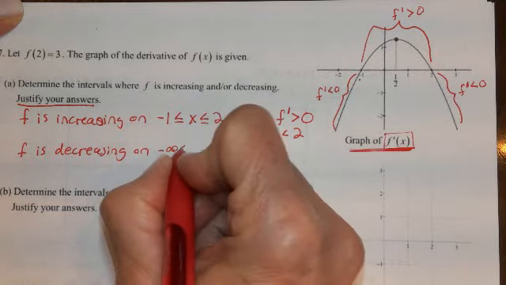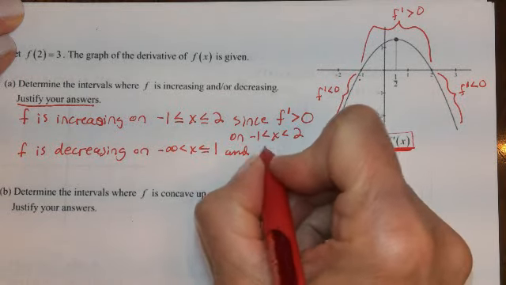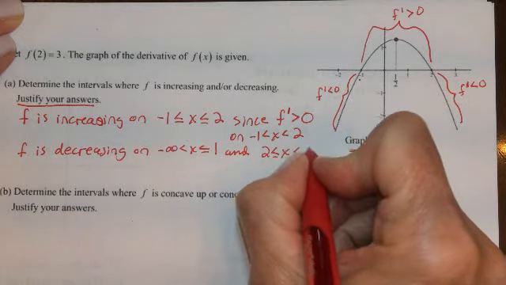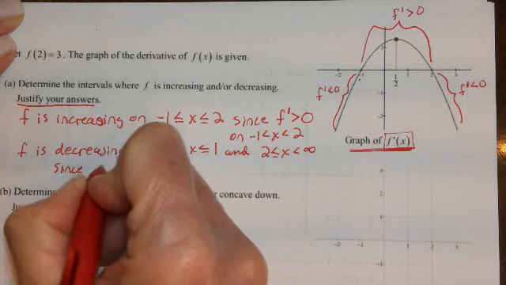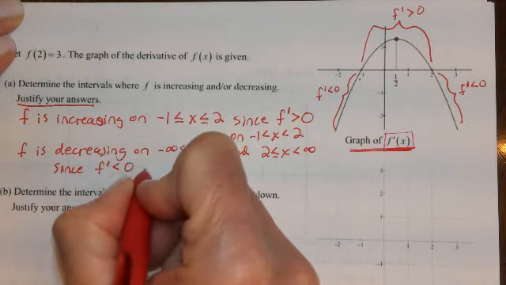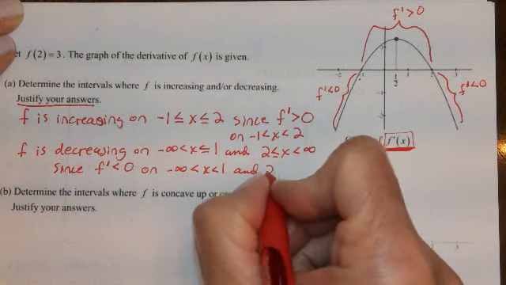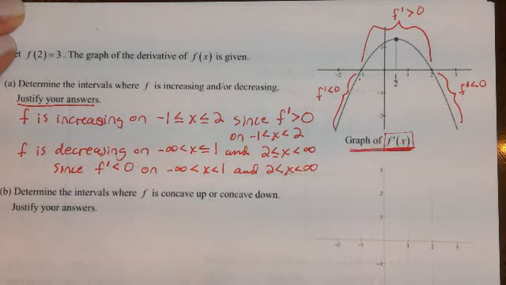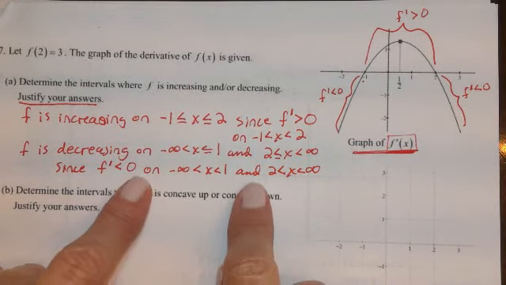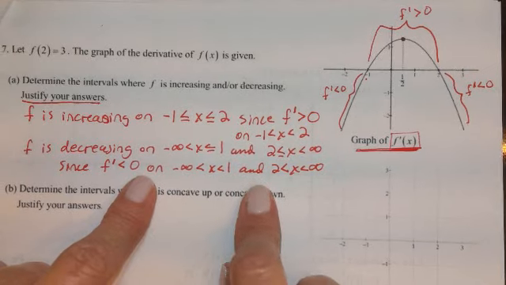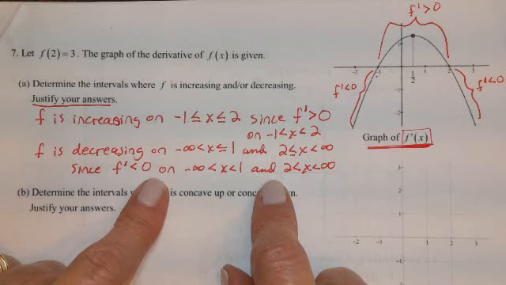So -infinity to -1, I'm going to include that boundary, and 2 to infinity, since f prime is negative on -infinity to -1 and 2 to infinity. Okay? When they say to justify, you've got to say why. And you may not use the word it anywhere. Okay? Don't use the word it.